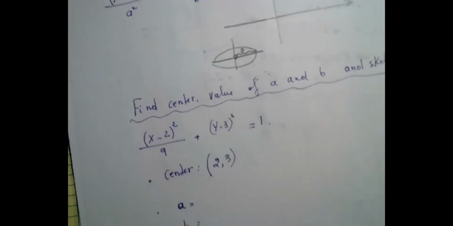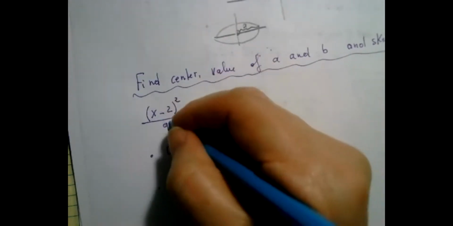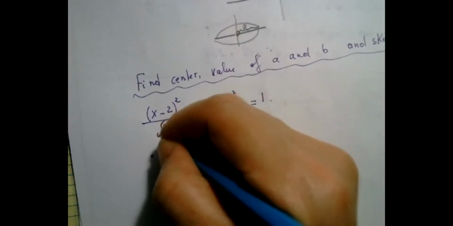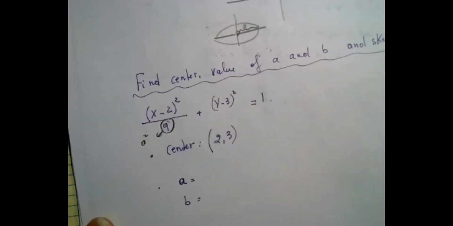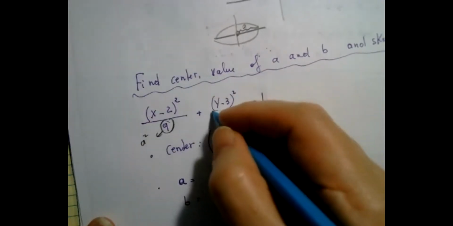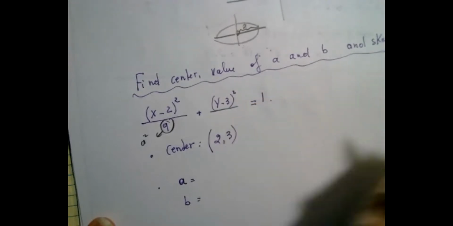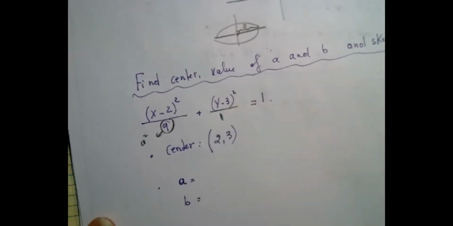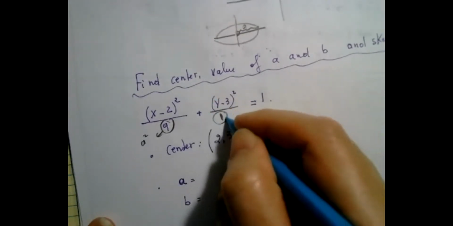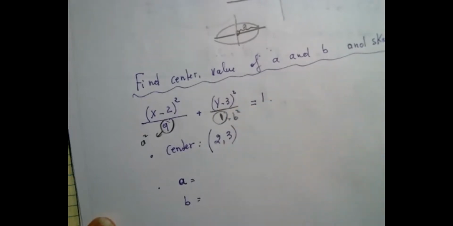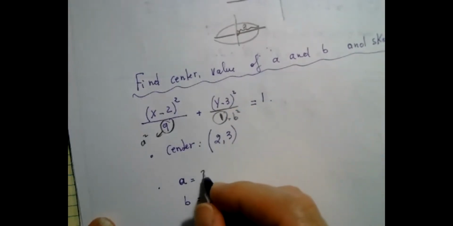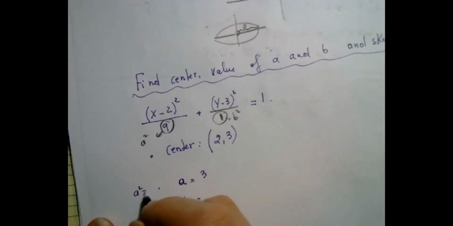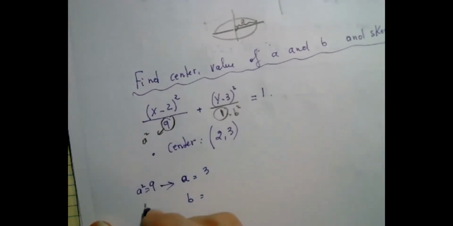Nothing changed from before. What's under the x is the A squared. And here, I don't have anything, it means I have a 1 in here, and this is going to be my B squared. So A is going to be 3 because A squared is 9, and we usually take the positive one, and B squared is 1, so my B is equal to 1.